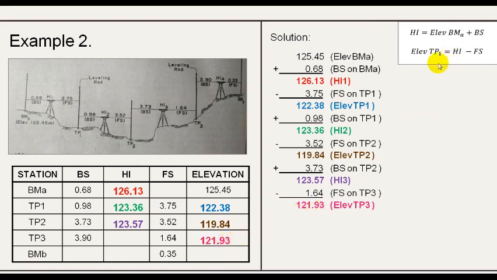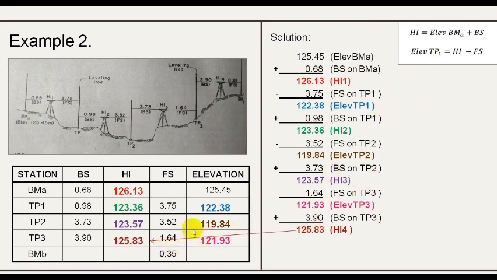Next, the height of instrument for our fourth setup: the elevation of turning point 3, 121.93, plus the backsight reading of 3.90, which is equal to 125.83.